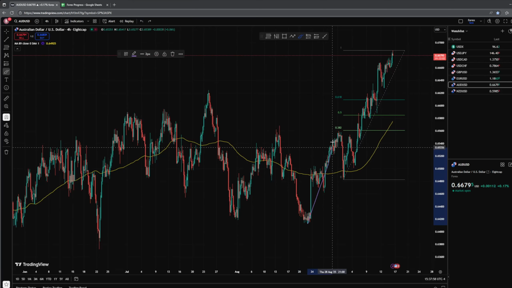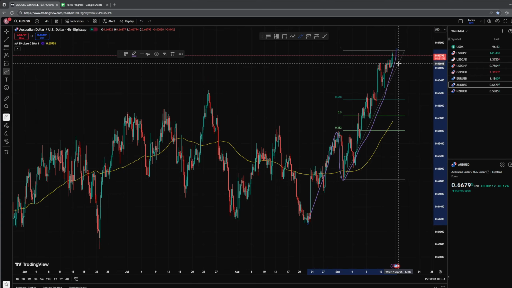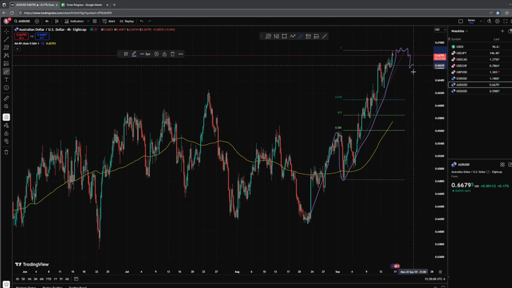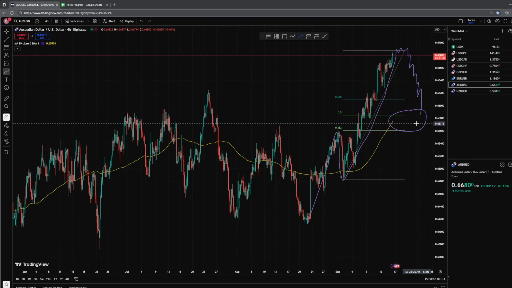And we have up leg, retracement, up leg, a really nice-sized up leg here. And now our decision is to wait for the market to retrace at least the 50 to 60% zone here, then start buying Aussie. Until that, we're gonna wait.